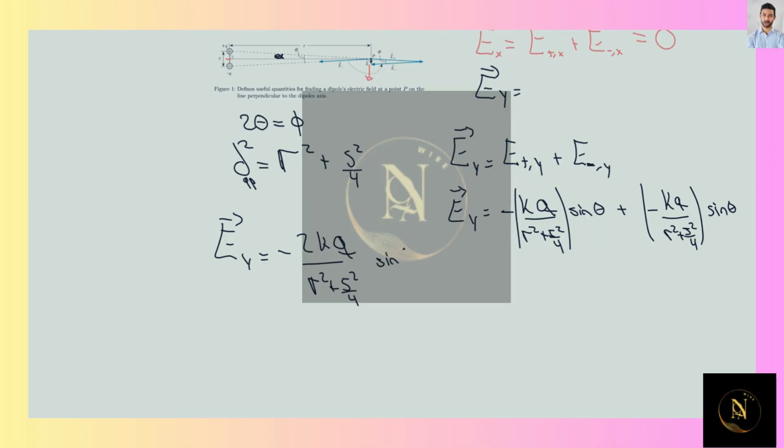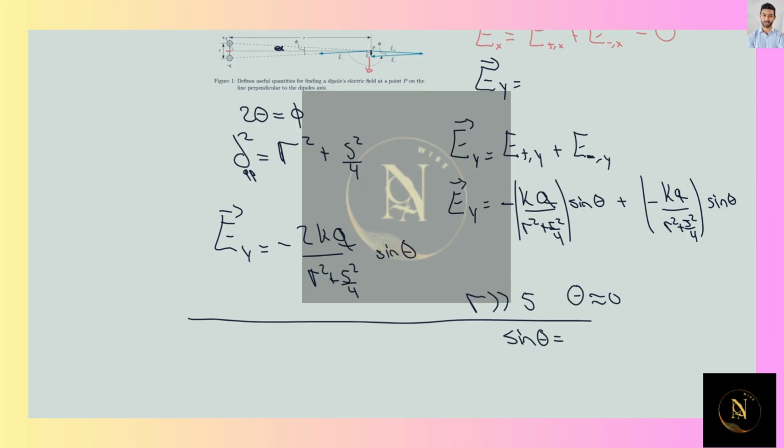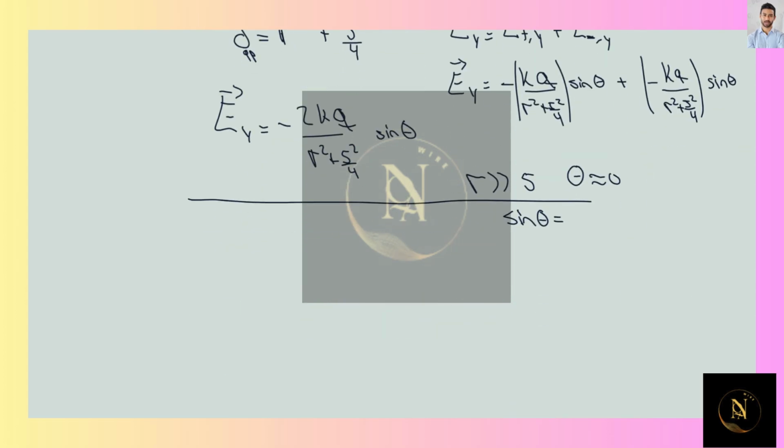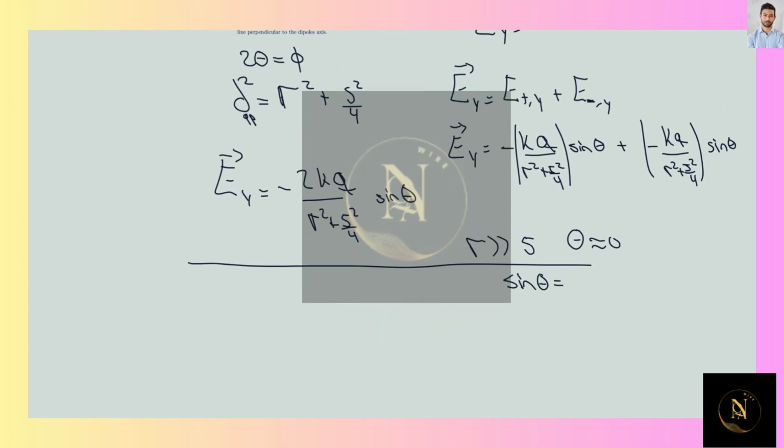Now, under the approximation that is given to us, meaning r is much larger than s and the angle theta is close to 0, the sine of theta would be equal to s over 2 divided by the distance.